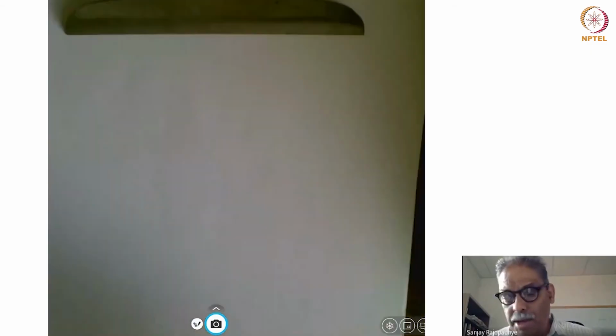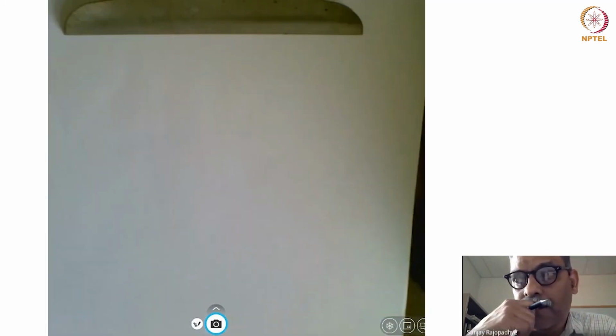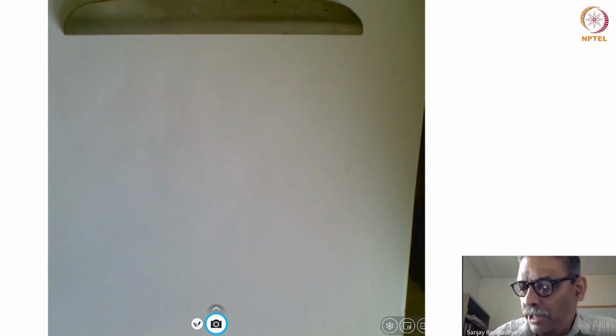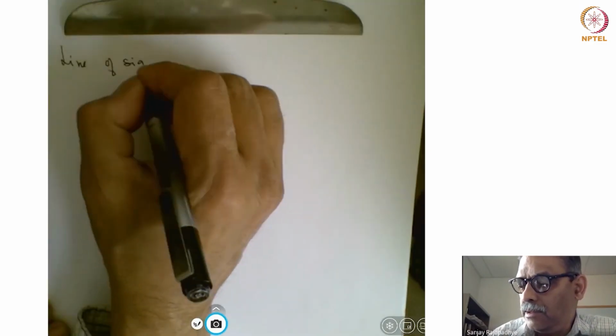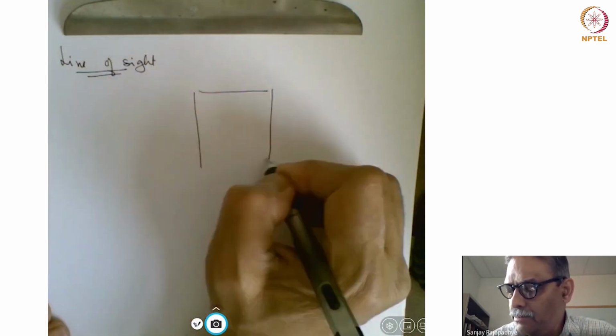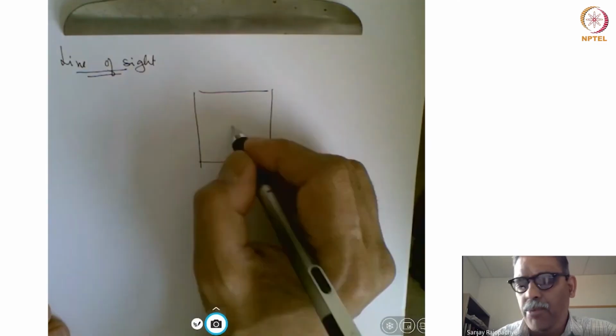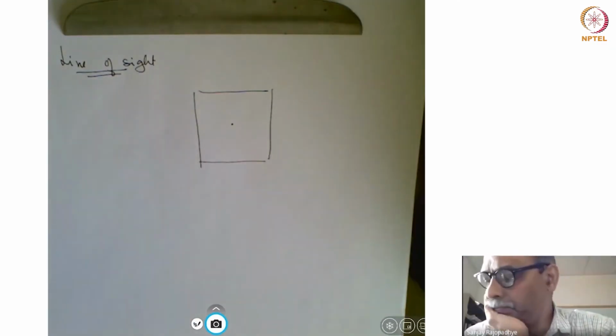I'm going to give you a practical example that is slightly different. It comes from image processing. It's called a line of sight. So you have some data, and at every point ij, there is some elevation. It's some hilly terrain, right?